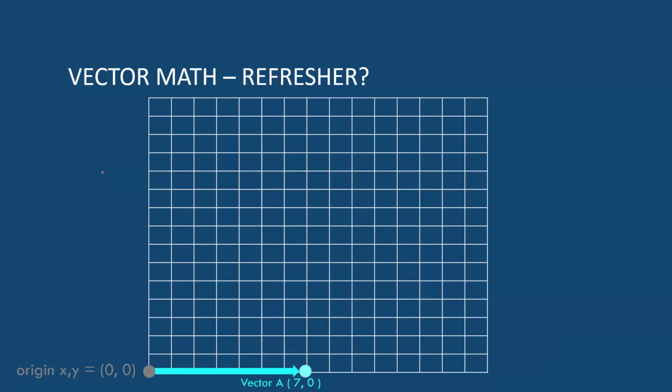So vector A is a 7 and a 0, and vector B is a 0 and a 12. Kind of think about it emanating from the origin, right? If we want to add these things together, A plus B, well, that would be in vector math just adding the A to the B or the B to the A. They're both going to take us to that point right there.